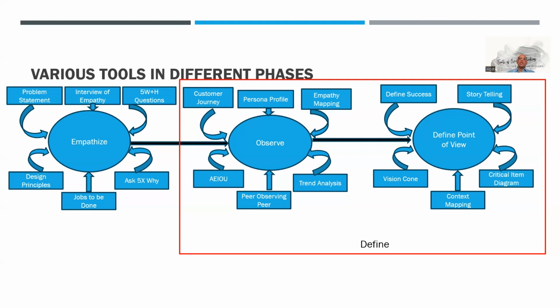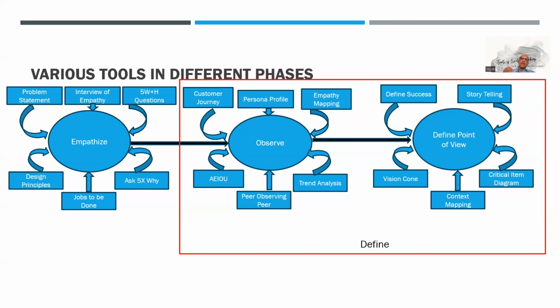Context mapping, sometimes it is very radical, and we have to map that thought process with something which is related to the environment. So that is contextual mapping. Vision cone, again, we usually drag our discussion from history, present, and how it can be delivered in the future.